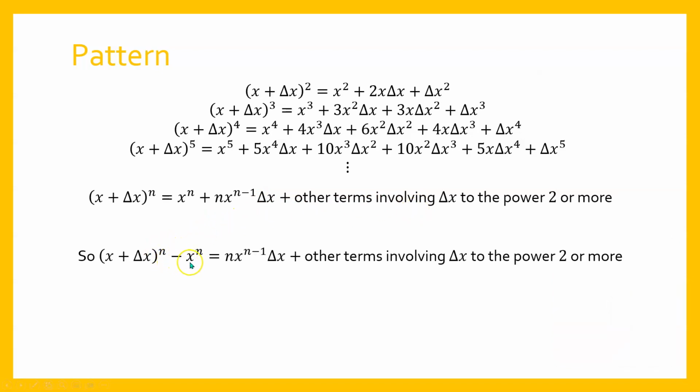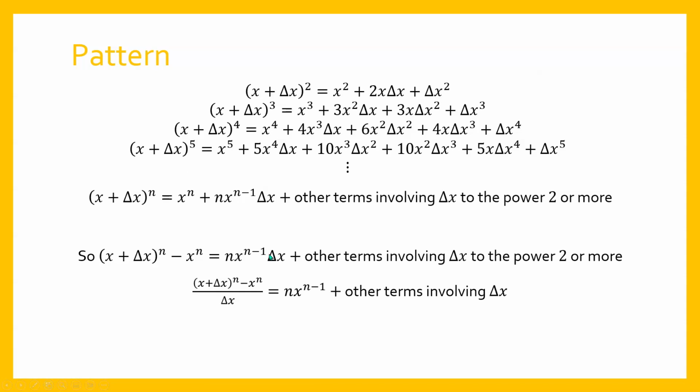So if we subtract x to the n from that, we're subtracting off that x to the n that comes at the beginning. So what's left is n times x to the n minus 1 times delta x, plus the other terms that involve delta x to the power 2 or more. Then if we divide everything through by delta x, that first term no longer involves delta x.